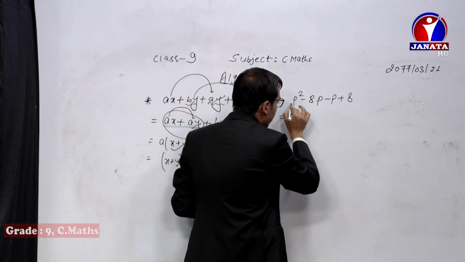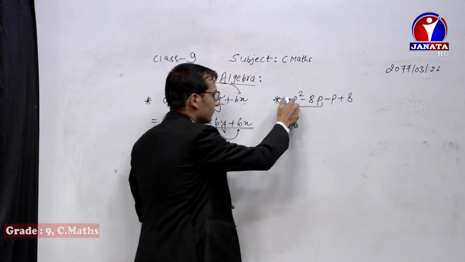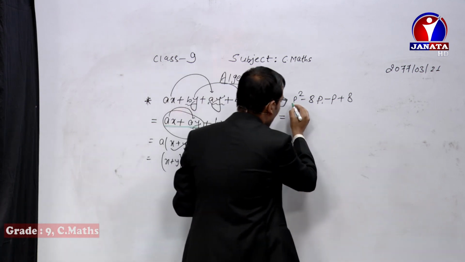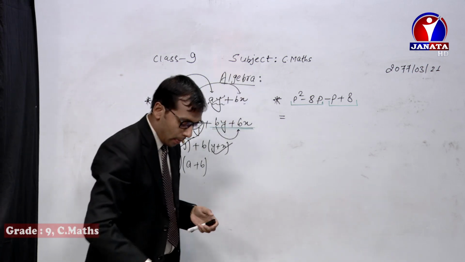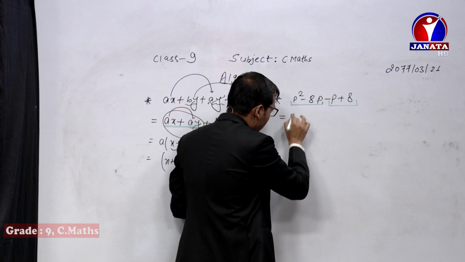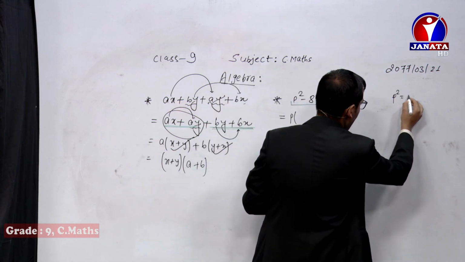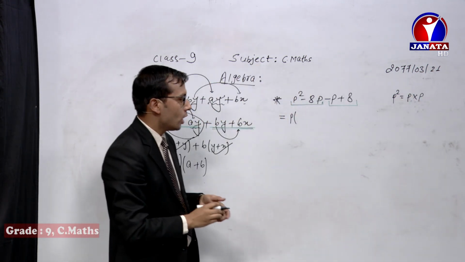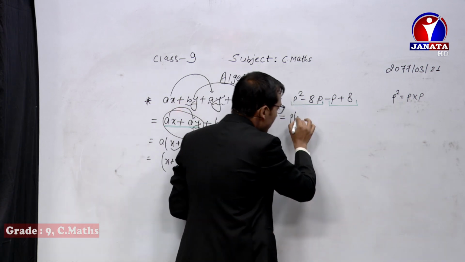We can take common from the first two terms and let's try from the next two terms. What is common from the first and second term, and then third and fourth? Here from p square minus 8p, p is common. So what are the factors of p square? We can express p square as p times p. So 1p is taken as common, p is left.